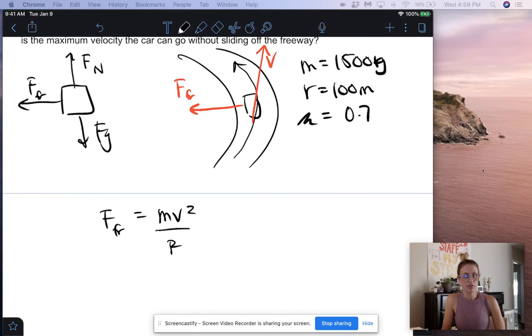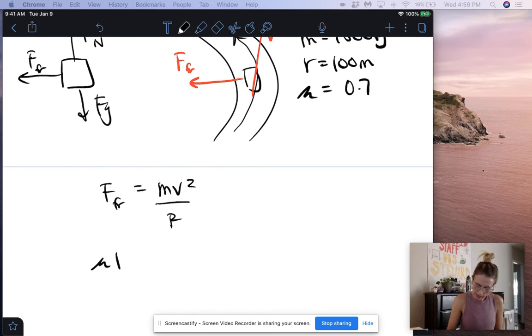Now we know an equation for the force of friction: mu times the normal force equals mass times velocity squared over r. I do want to mention that this is actually the coefficient of static friction, because even though the car is moving in the forward-backward direction, the force of friction is all directed perpendicular to the motion of the car.